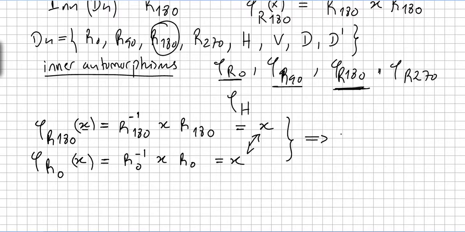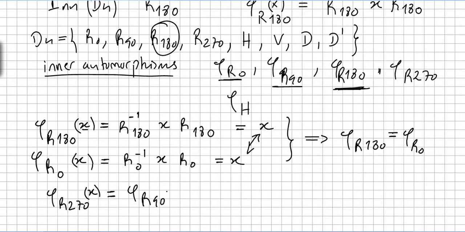This means that the automorphism induced by the rotation of 180 degrees is equal to the phi induced by the rotation of 0 degrees. Now it's a real simple exercise to check that the automorphism induced by the rotation of 270 degrees will be the same as phi of rotation of 90 degrees.